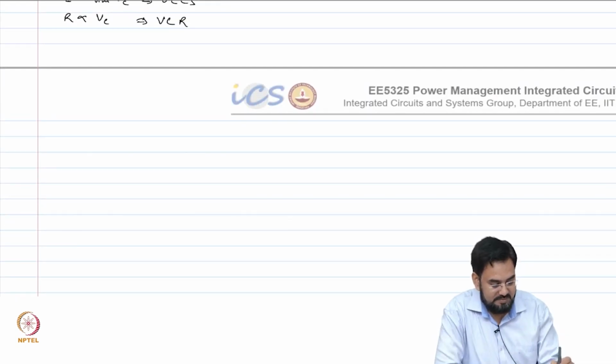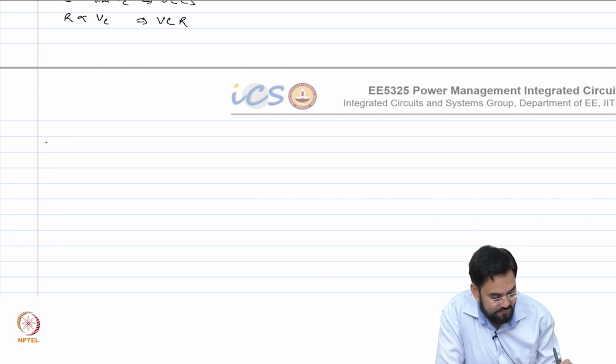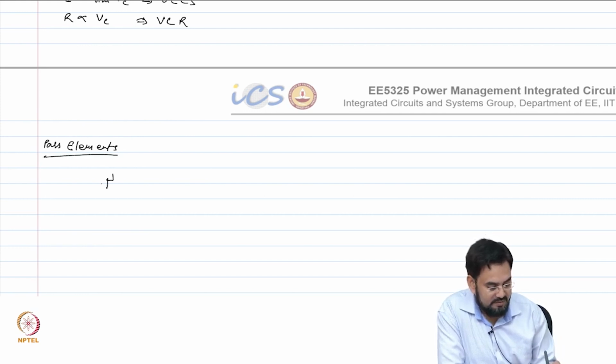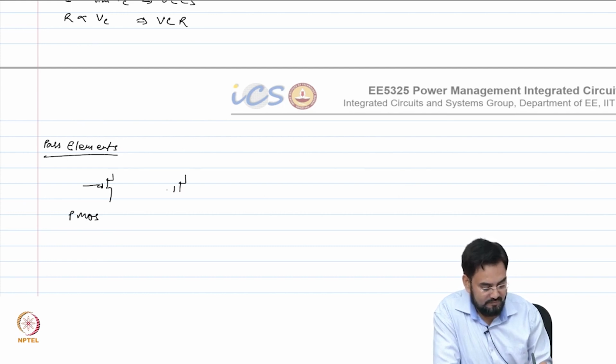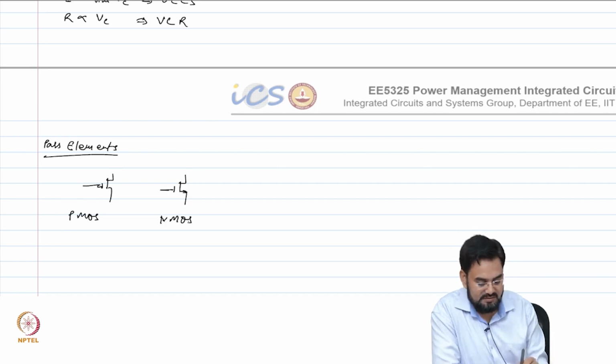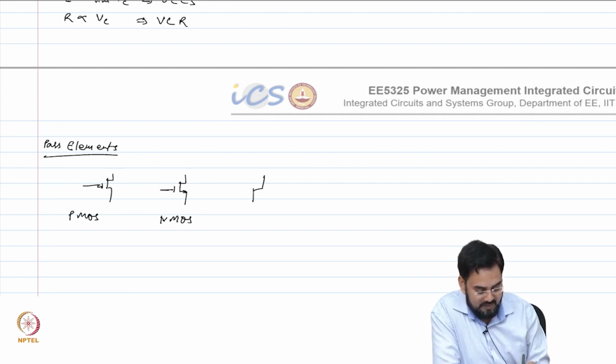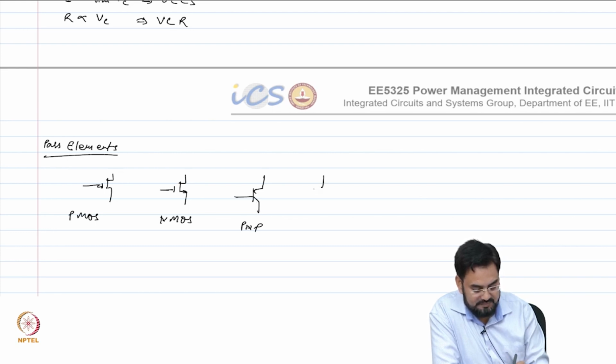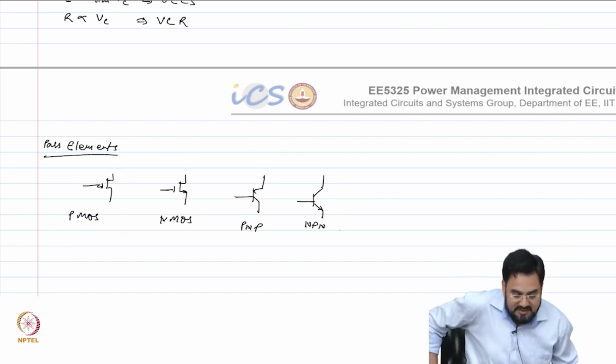These pass elements could be your PMOS, NMOS, PNP, so they could be bipolar or MOSFET transistors.